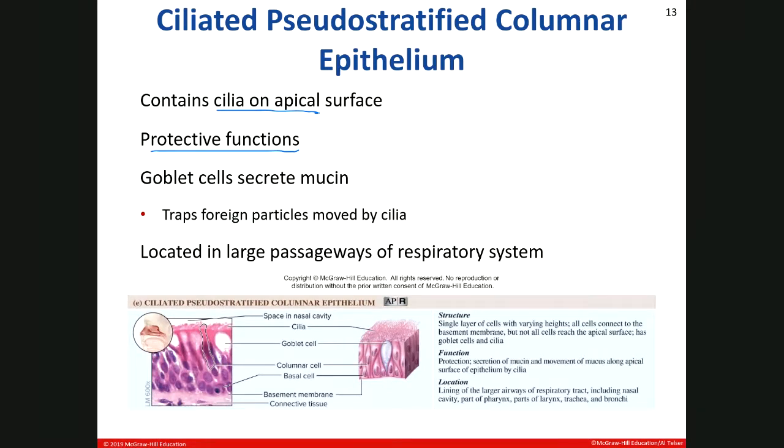So we'll see goblet cells because we have cilia there. They're going to produce the mucin, which will turn into mucus. And we'll see this type of epithelium in our upper respiratory passageways: the nose, the nasal cavity, part of your throat, down into your trachea. So the large passageways of the respiratory system. So here's a nice picture of it.